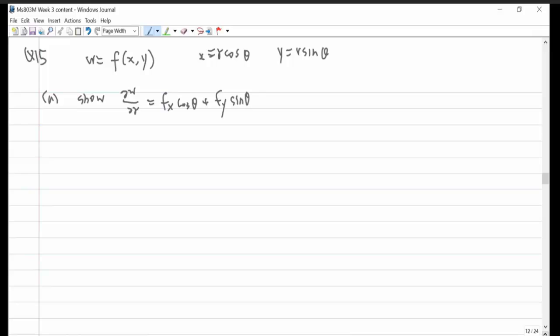Okay, first thing I should show is this, and then the second thing I should show is that 1 over r dw/d theta is equal to minus f_x sine theta plus f_y, partial differentiation by y, times cosine theta. So this is the first step.